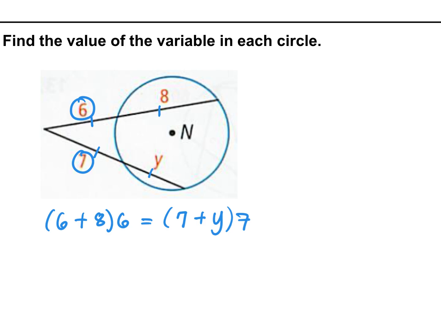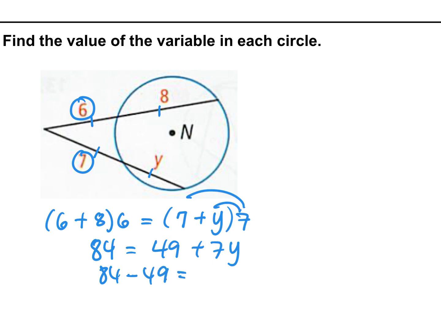So this is going to be 6 plus 8, which gives you 14, multiplied by 6, which gives you 84. So this side is 84. Now we're going to distribute this part. That's going to give you 49 plus 7y. So 84 minus 49 is equal to 7y.